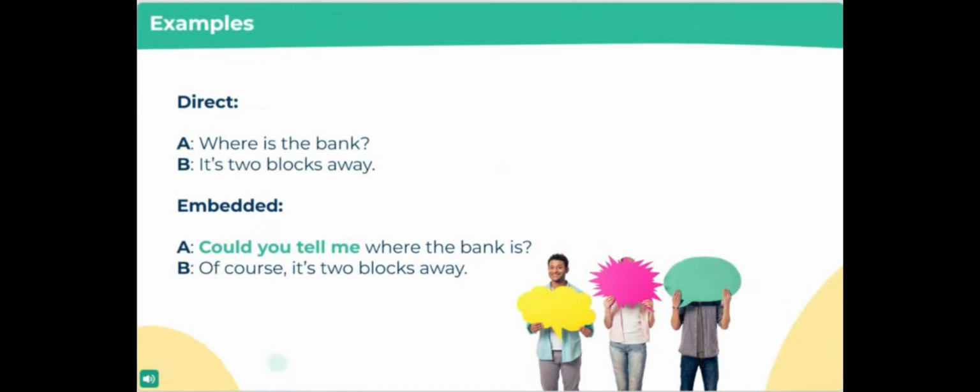Direct: where is the bank? It's 2 blocks away. Embedded: could you tell me where the bank is? Of course, it's 2 blocks away.